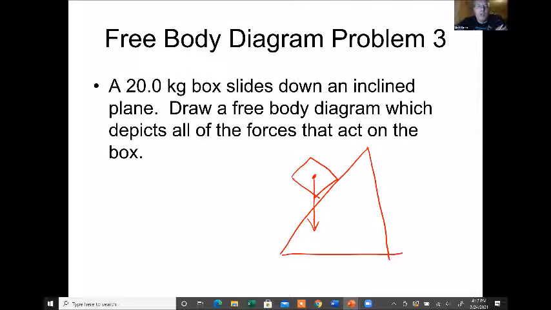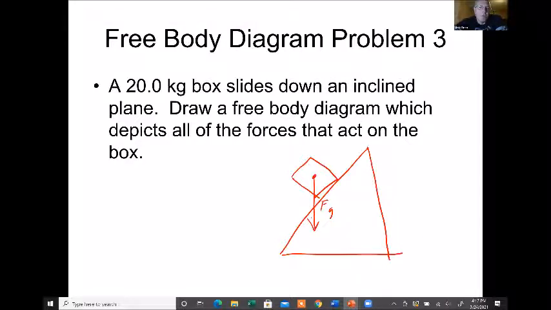Normally when we're working an incline problem, we would want to break that weight up into a component perpendicular to the surface and another component parallel to the surface. But remember that we don't draw components on a free body diagram. So I'm just going to label this as F sub G for my weight.